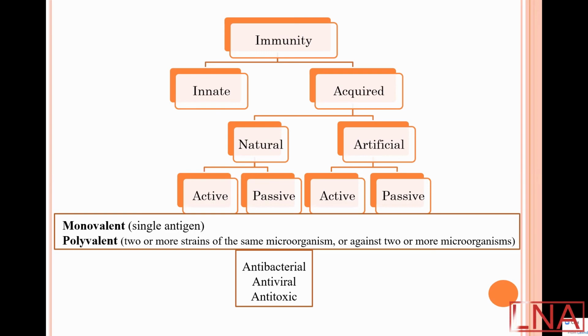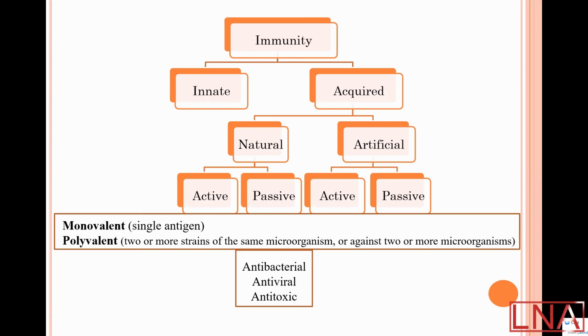About artificial acquired immunity, it also can be active or passive. Active is only after vaccination. So if a person gets a vaccine, his immunity will form active artificial acquired immunity to influenza virus.